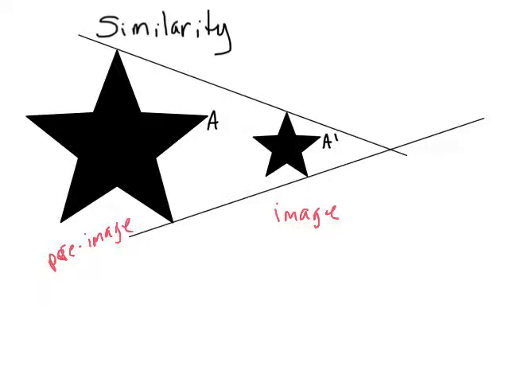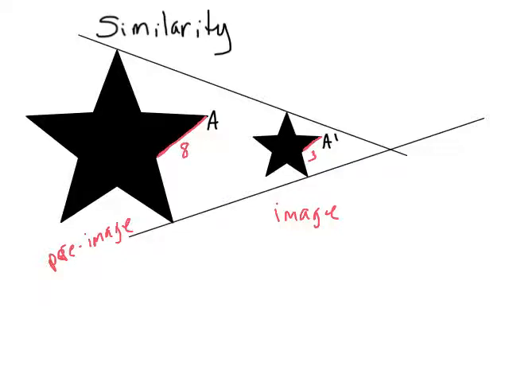And similar shapes have a scale factor. So to obtain that scale factor, I could measure a length of the image, and let's just call that length 3 for now, and measure the length of the corresponding side on the pre-image, and let's say that's going to be 8.